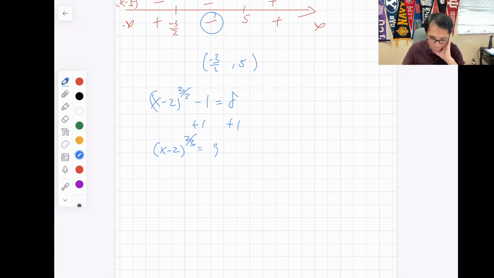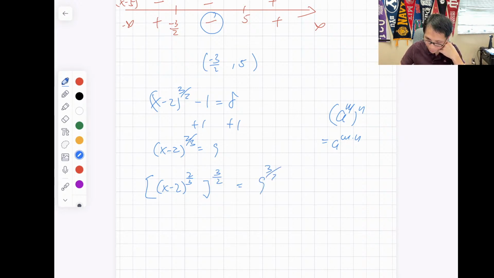Now I'm going to do an inverse. I'm going to use this exponent rule, and that exponent rule is very powerful. So that's going to be (x minus 2) to the 2/3. I'm going to do bracket to the 3/2 because I want to even out the power, and 9 to the 3/2 here. Those two multiply to make (x minus 2) to the 1 equal to 9 to the 3/2.